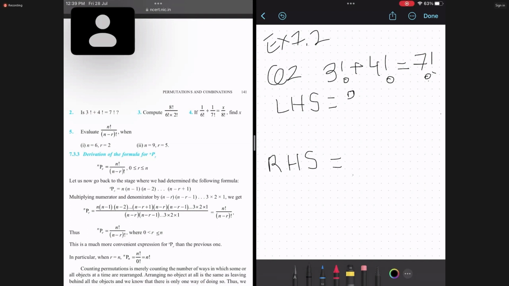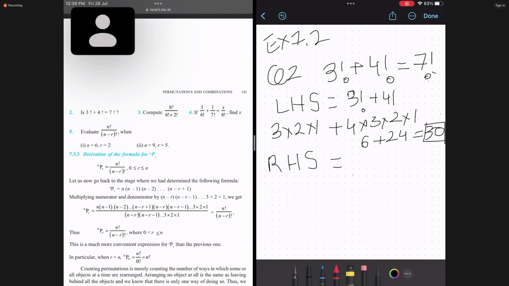The LHS is 3 factorial plus 4 factorial. Expanding that, what I'm left with is 3 into 2 into 1 plus 4 into 3 into 2 into 1. 3 into 2 into 1 is nothing but 6, plus 4 into 3 into 2 into 1 is 24. And finally, the LHS comes out to be 30.